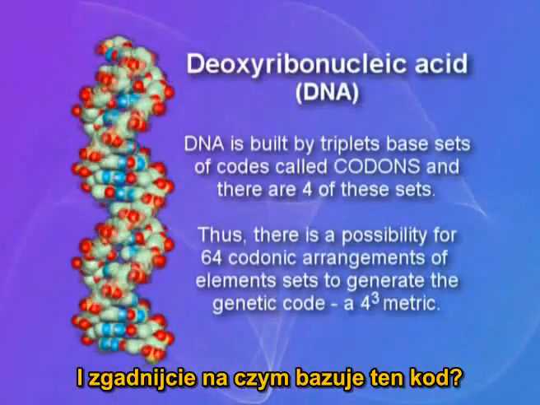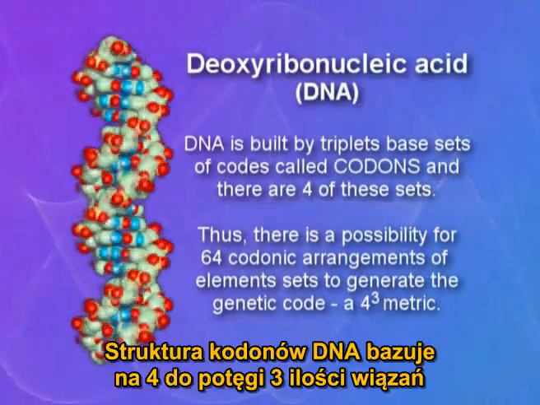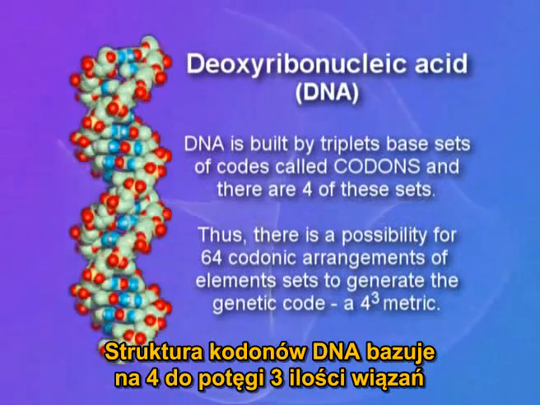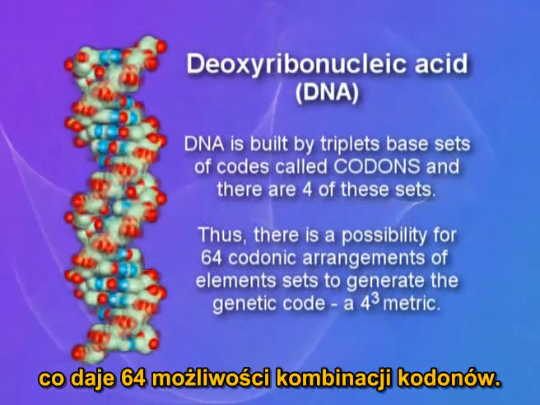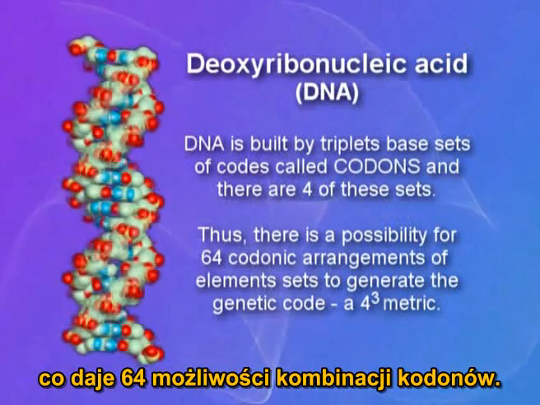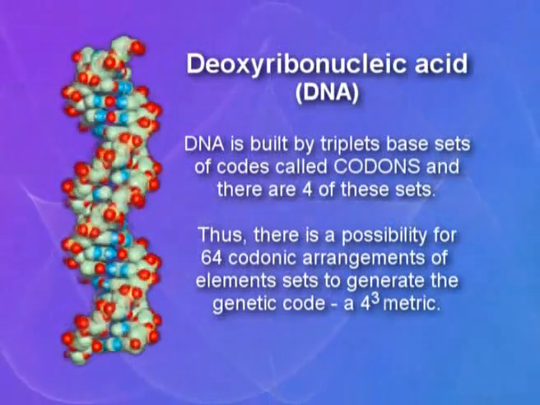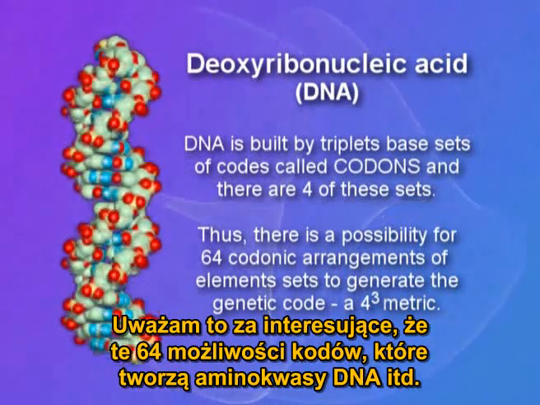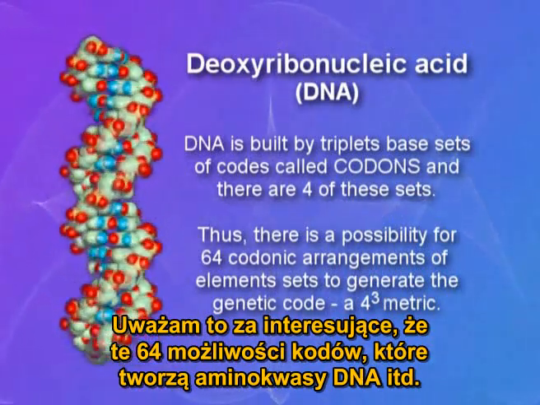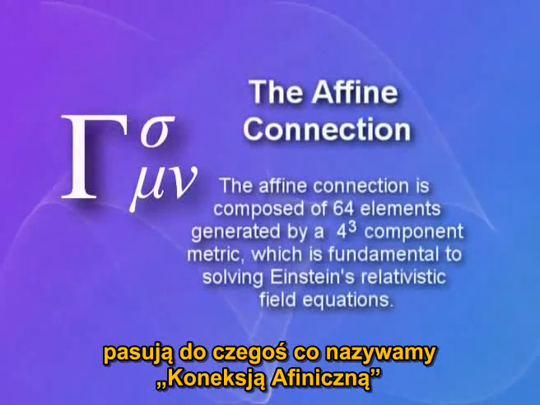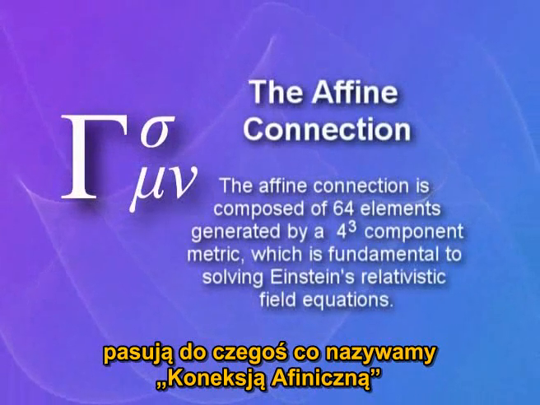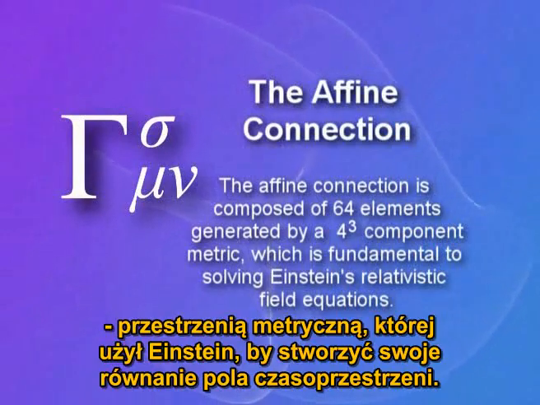And guess what that code is based on? Well, the codon structure of DNA is based on a 4 to the third relationship, which is 64 codon possibilities of combination. I find it interesting that these 64 possibility codes that generate the amino acids of DNA match what we call the affine connection metrical space that Einstein used to produce his field equation, the space-time manifold.